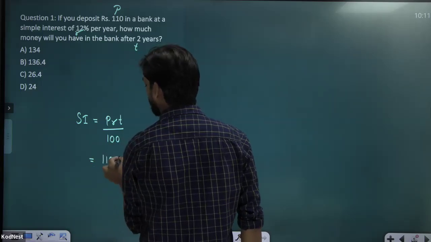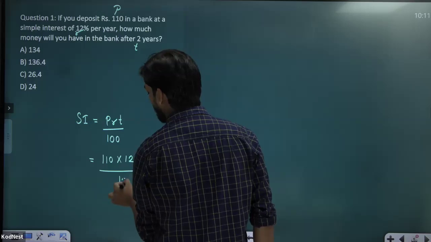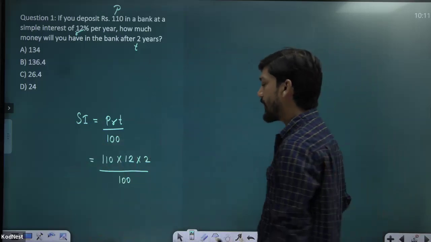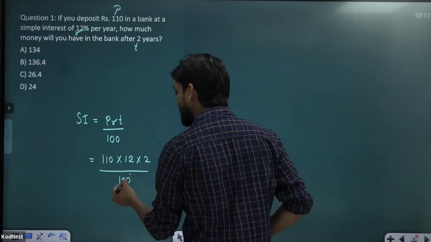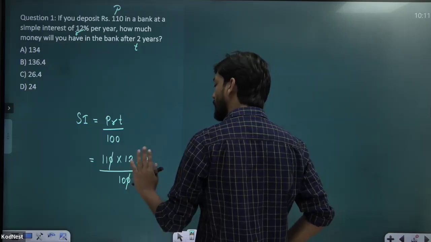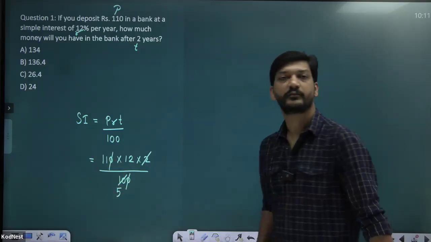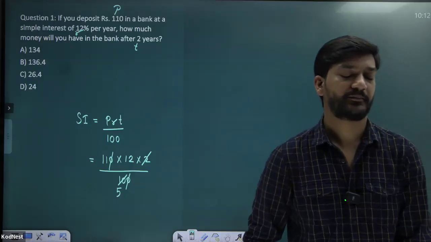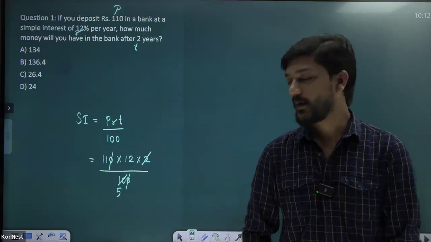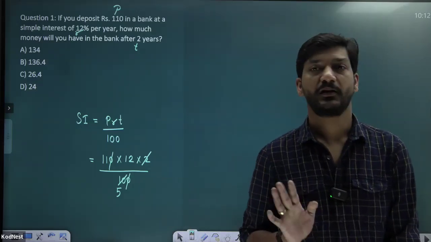110, rate is 12, time is 2, divided by 100. Answer carefully, I have to calculate this. The zeros, I am cancelling. Is it good to cancel 2 and 10? Not required.